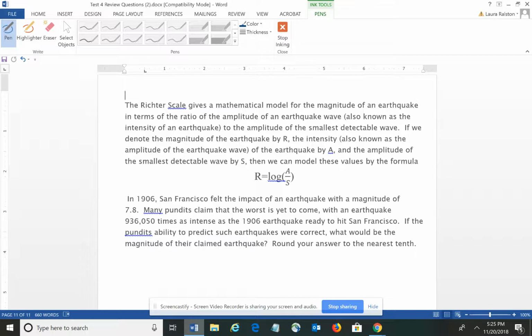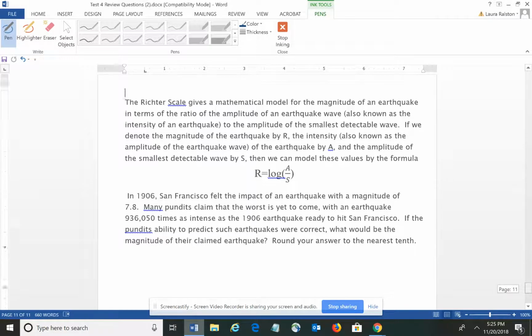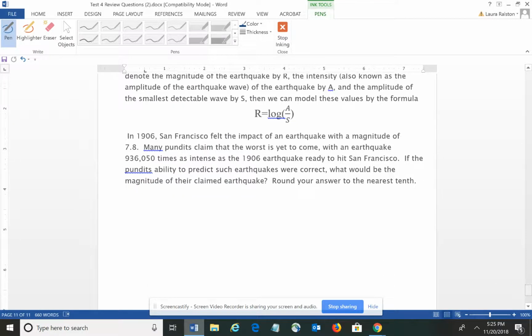If the pundits' ability to predict such earthquakes were correct, what would be the magnitude of their claimed earthquake? Round your answer to the nearest tenth. This is really a two-step problem, because they tell us the magnitude of the 1906 earthquake, and then they talk about the amplitude of the one they're predicting.